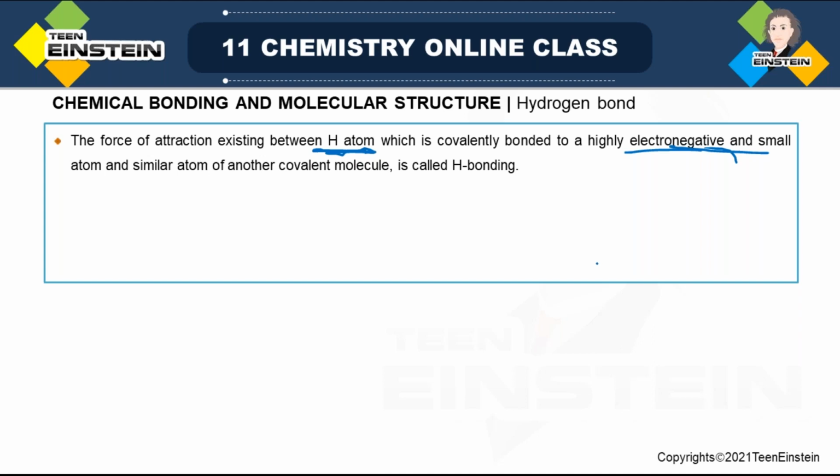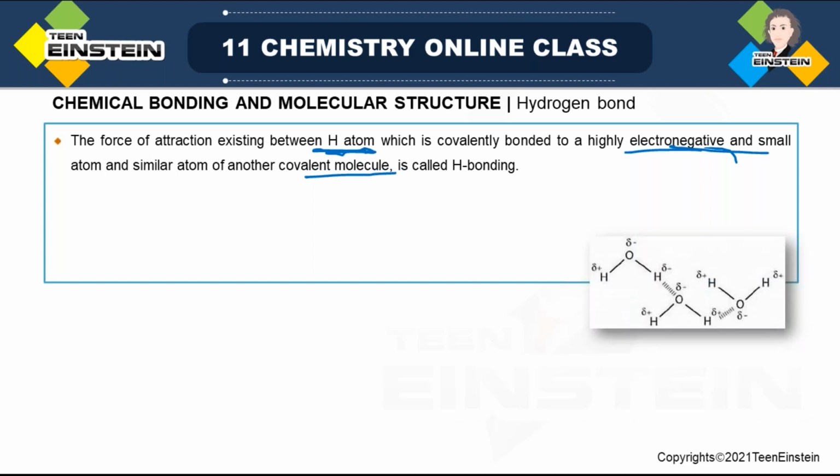So bonded to a highly electronegative and small atom, and a similar atom of another covalent molecule. Now if you think it is a little confusing, when we see the example it will be clear.